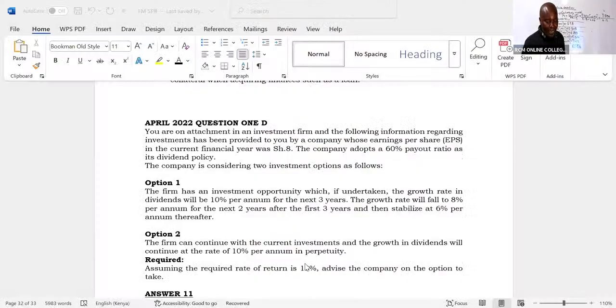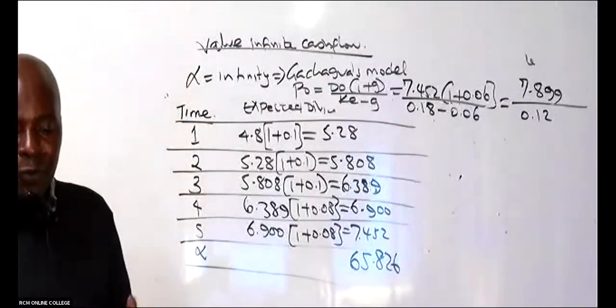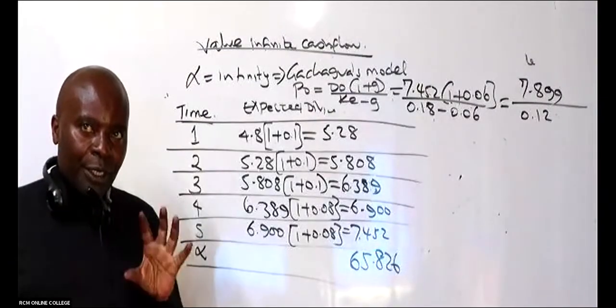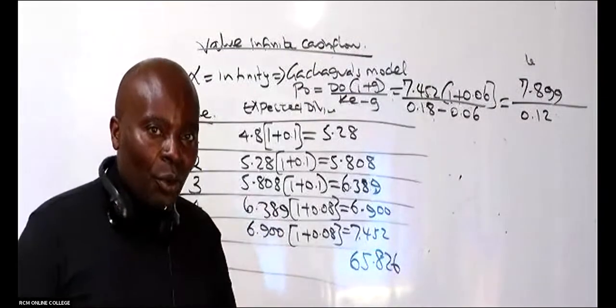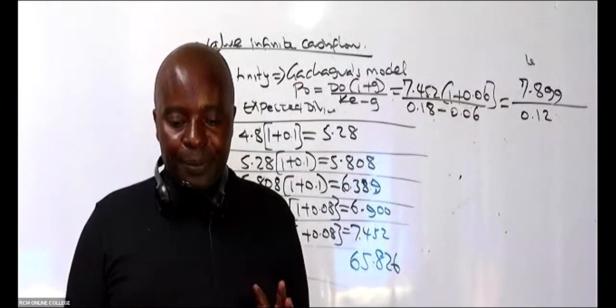It is here: assuming the required return is 18%. It has been given, right? So anytime you hear about infinite, always remember Gachagua's model: D0 growing, Ke minus g.